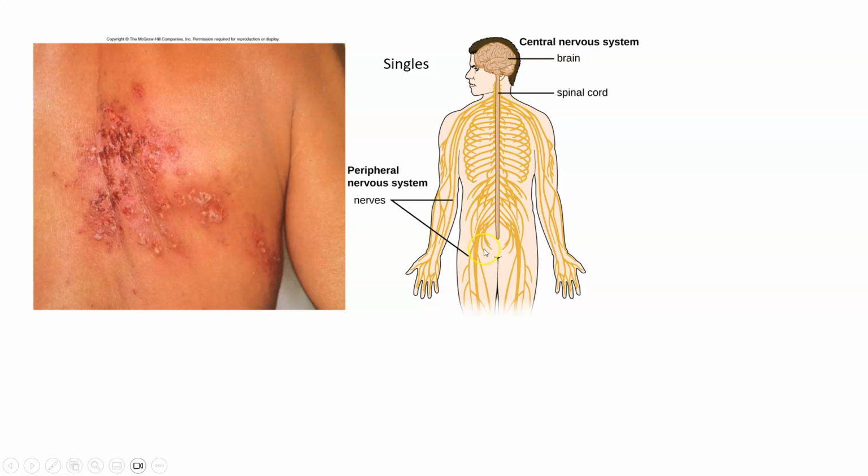But as we get older, just like everything, our immune systems start to wear out. Or when you're under a lot of stress, or you have an autoimmune disease, all of those things can have impacts on the immune system and allow the virus to be released and cause what we call shingles.